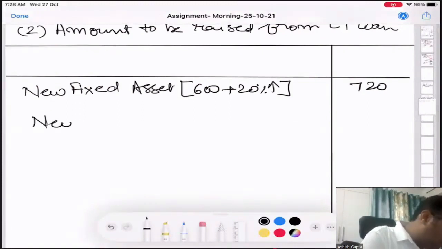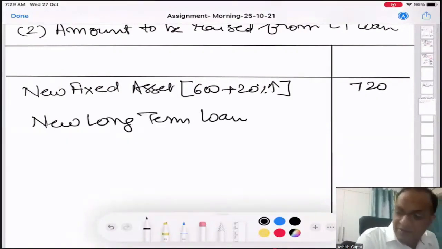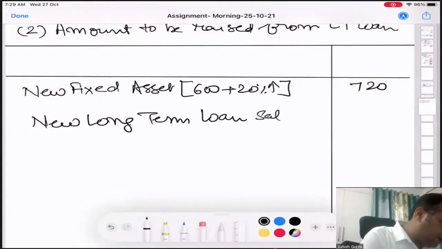Now the new long-term loans, the maximum that we can afford, is sales divided by 1.5.